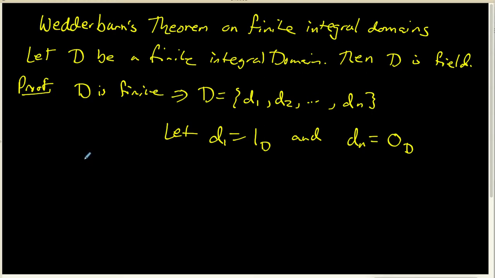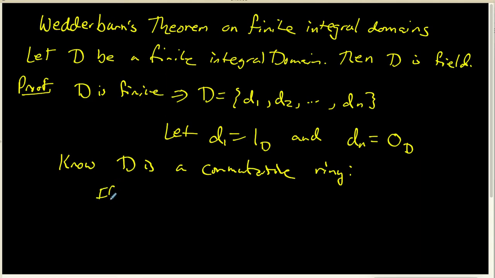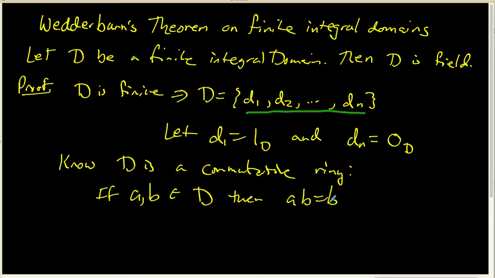The second thing is that we know that D is a commutative ring. And what that means is that if a and b happen to be inside D, so a and b are somebody on that list, then a times b and b times a are the same thing.